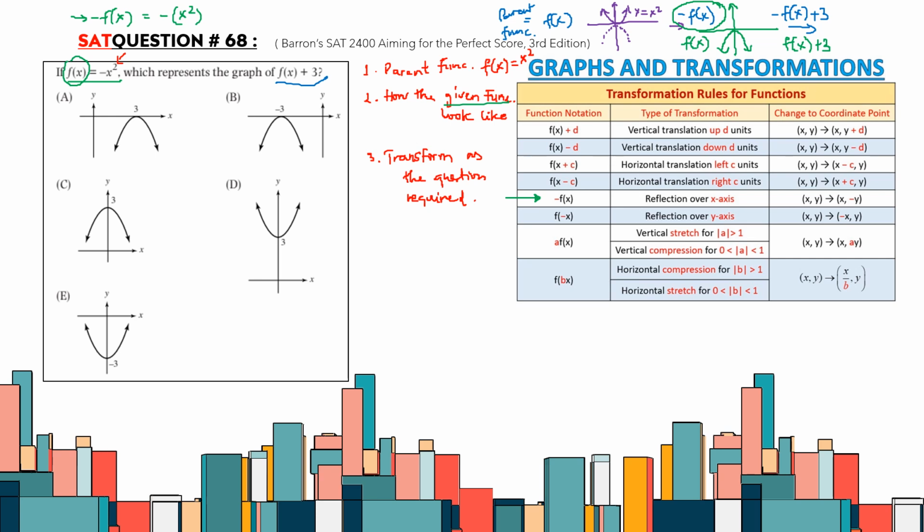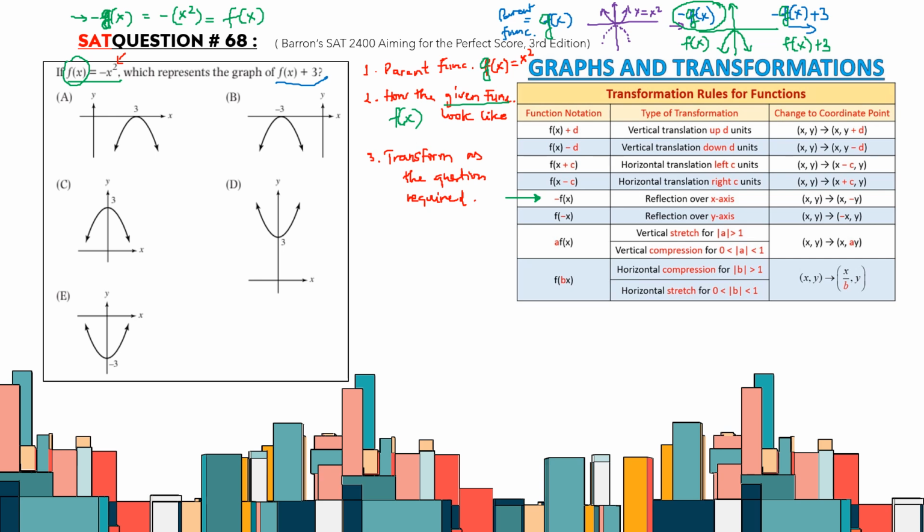We can change it and make it g of x to make it not really confusing. So let's say this is g of x, and the given function is f of x. It's just the name, but as long as we distinguish between them, it's okay.